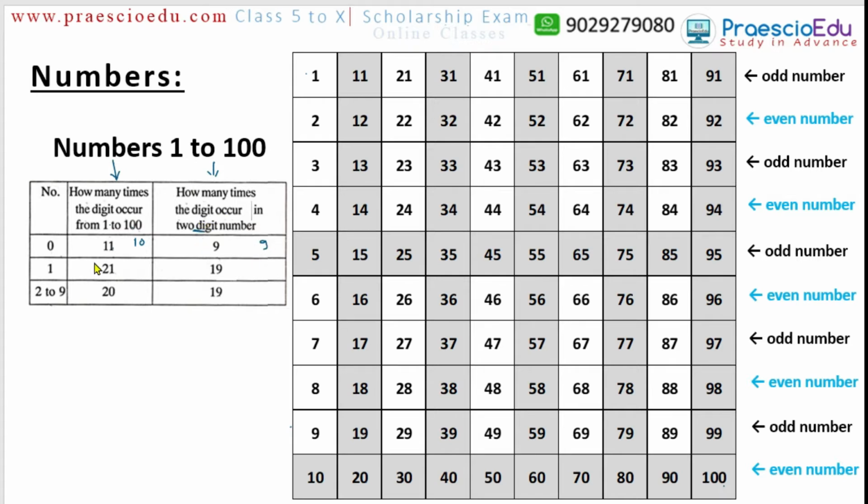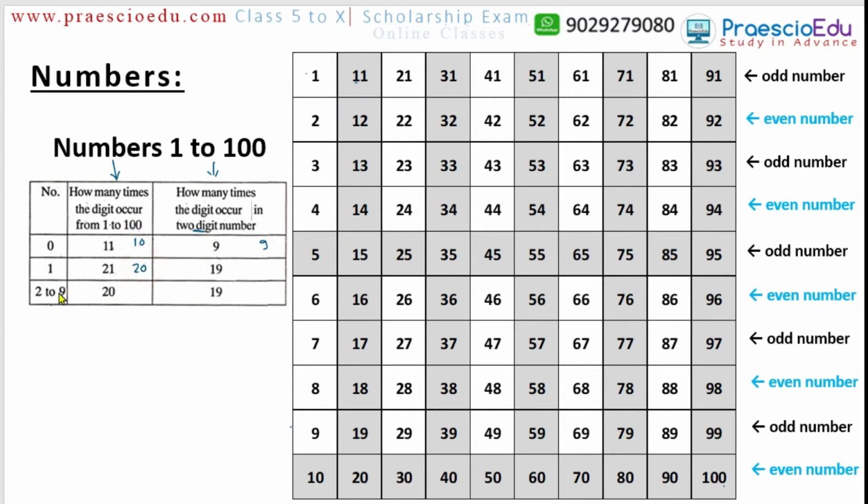Now for the digit 1: it occurs 21 times, but if we consider the number counting, 11 has the digit twice, so only one time we have to count it for the number instead of the digit counting. So with a deduction of 1, it comes 20 times.